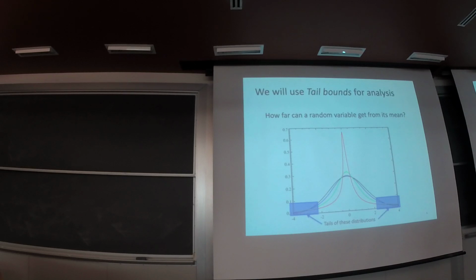The closer a random variable is to the mean, the larger the chance it will appear; the farther away from the mean, the smaller the chance. The natural question is how can we characterize the chance when a random variable is some distance away from its mean? That's what the tail bounds tell us.